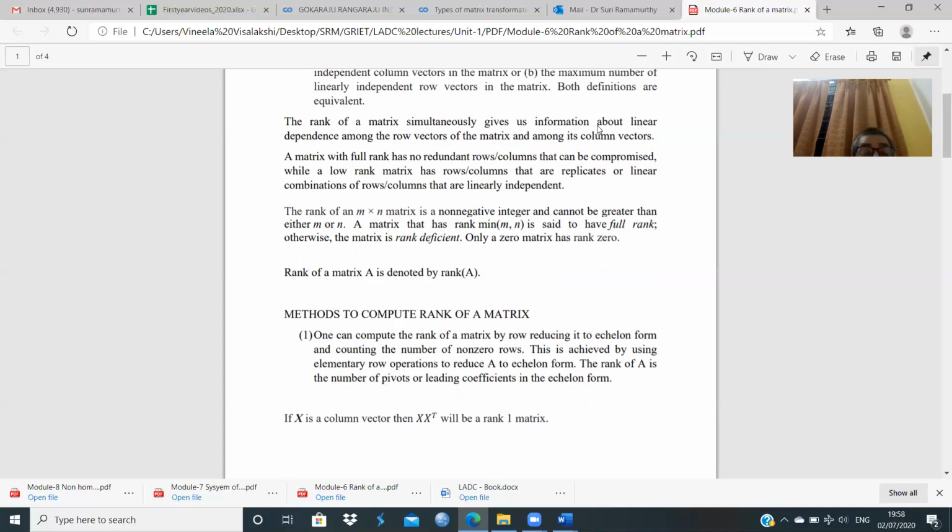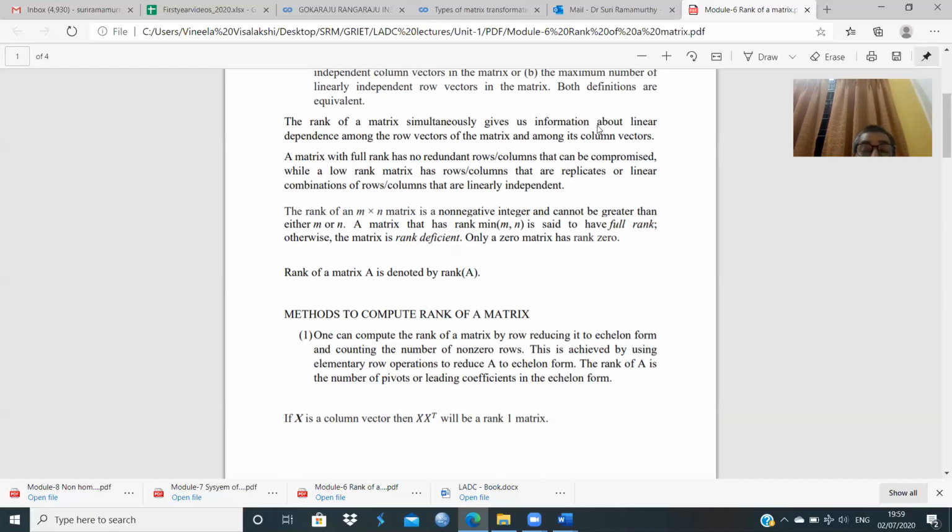Now let us look at the methods to compute the rank of a matrix. One of the techniques that can be used for hand simulations is to compute the rank of a matrix by row reducing it to the echelon form and counting the number of non-zero rows. Such non-zero rows after reduction to the echelon form are called the linearly independent rows.